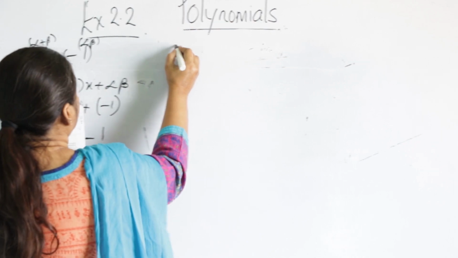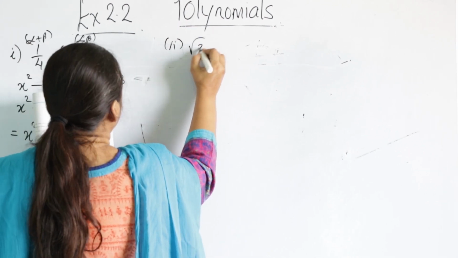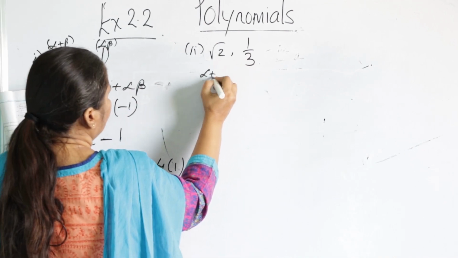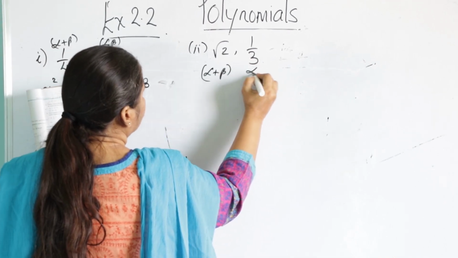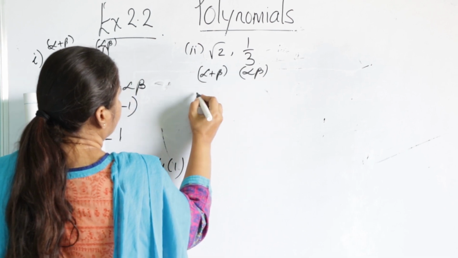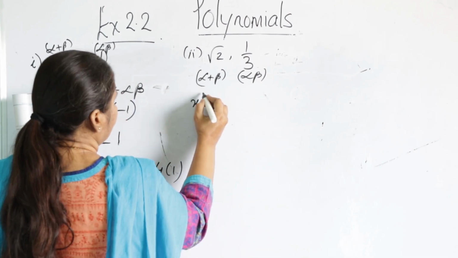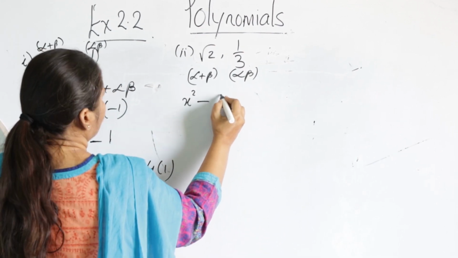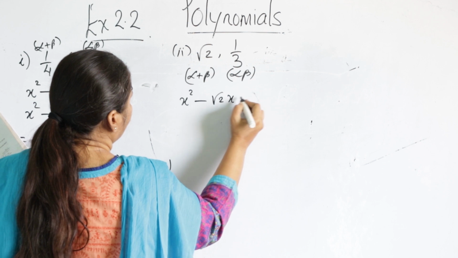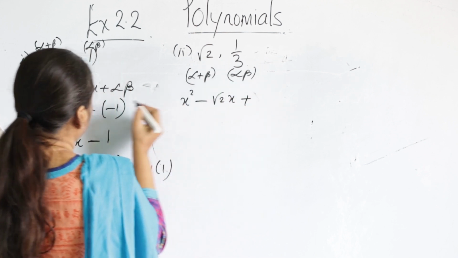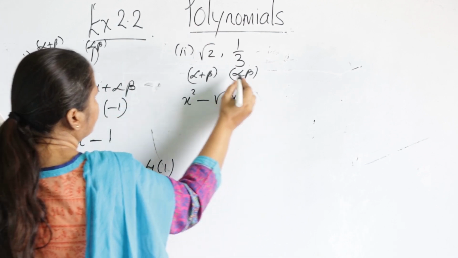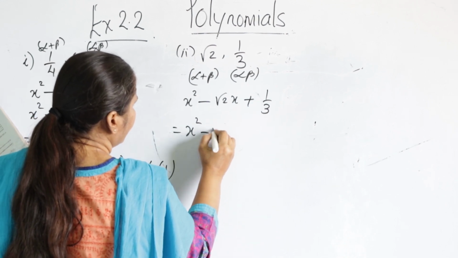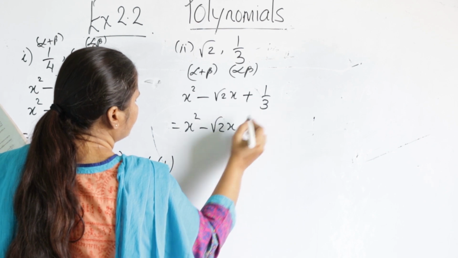Similarly, second one, root 2 and 1 by 3. What is this? As I told you before, this is alpha plus beta and this is alpha beta. So I will substitute the values directly in this. It is x square minus root 2 x plus, what is alpha beta? Alpha beta is 1 by 3, right? X square minus root 2 x plus 1 by 3.